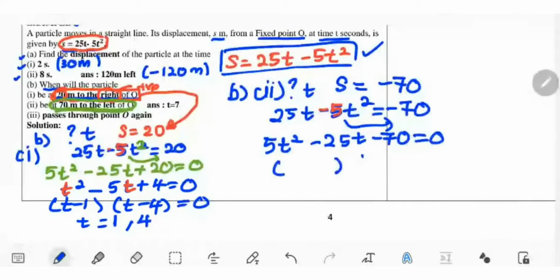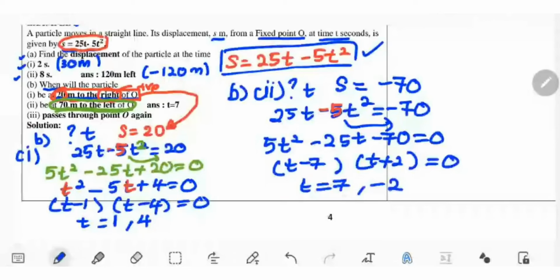Teacher, the first bracket 5T minus 7, second bracket T plus 2. Now you can see you have 2 values of T, one positive, one negative, but answer always positive for T. Answer cannot be negative. Do you understand, girls? Yes, teacher. Okay, next.